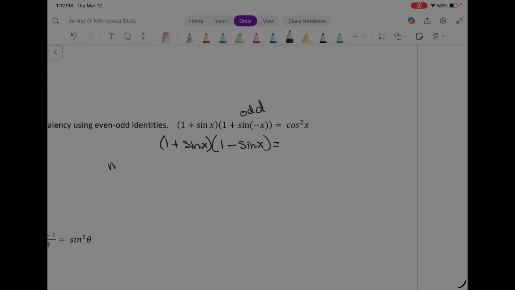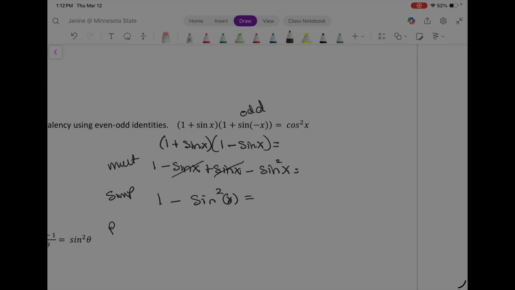So next I'm going to multiply 1 minus sine x plus sine x minus sine of x squared. Next, simplify 1 minus sine of x squared.